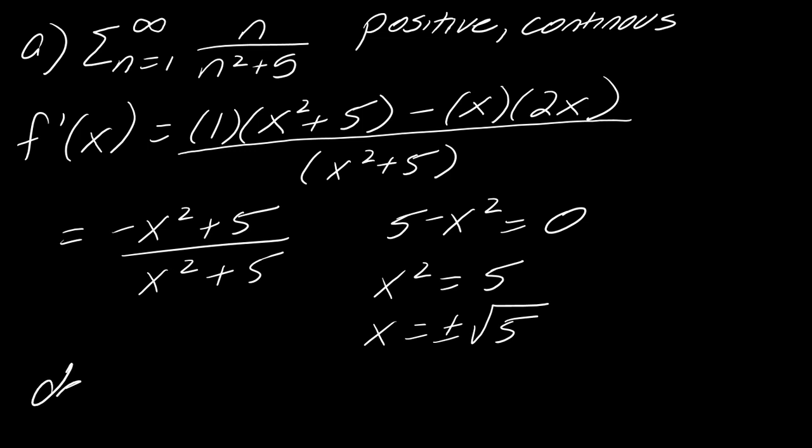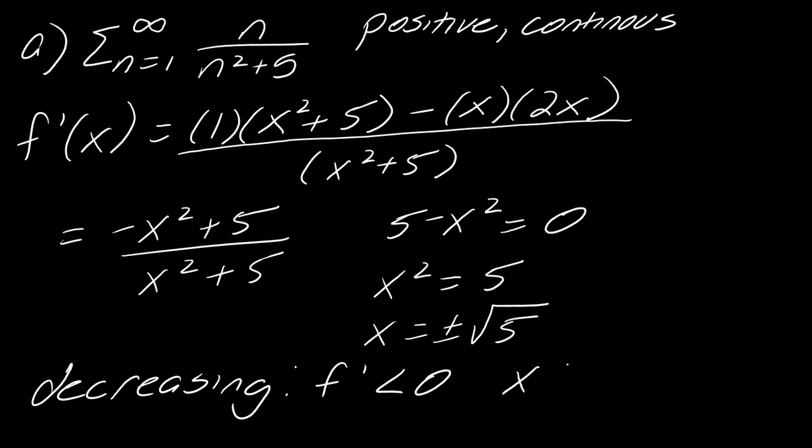Remember, you're decreasing if f prime of x is less than 0. And so this will be decreasing for x greater than or equal to the square root of 5. Anything greater than the square root of 5, you will get a negative number on top, and that will make the whole thing negative because the bottom always has to be positive.